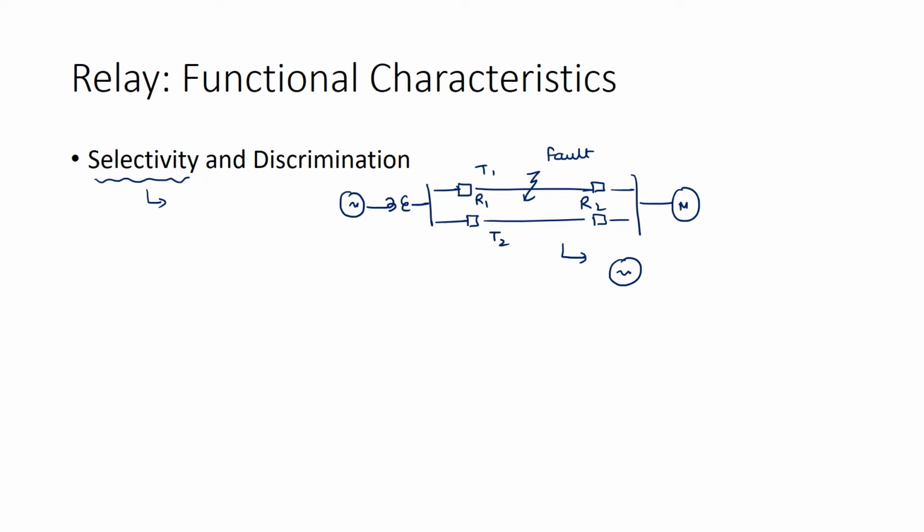There will be a generator, a transformer, then a line and a load, and the remaining line is cut. So this is cut, and this is R3 and R4. The power will be transferred through R3, R4 and T2. This is the act of the protection system where it is selective.